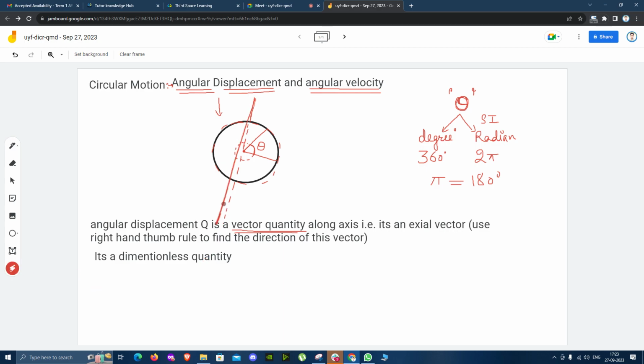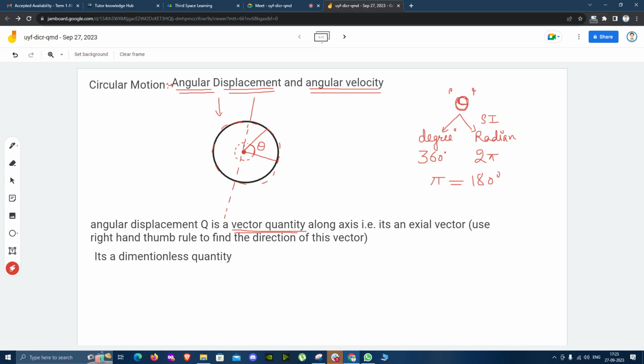The axis will be here, maybe a straight line, and the circle is all around it. So which vector quantity is called an axial quantity? Which quantity is an axial vector? The vector in which we find the direction by using the right hand thumb rule.